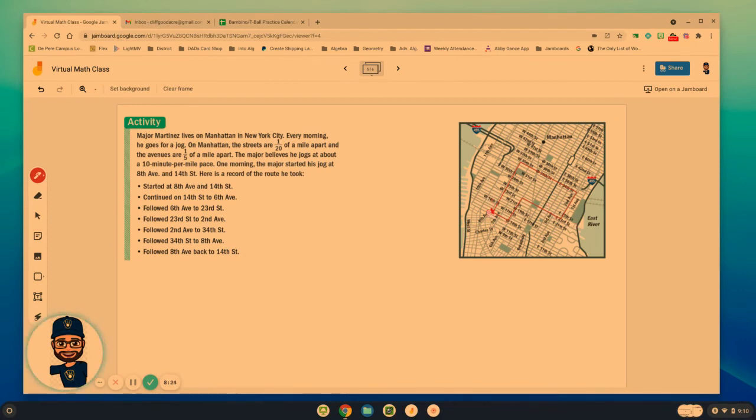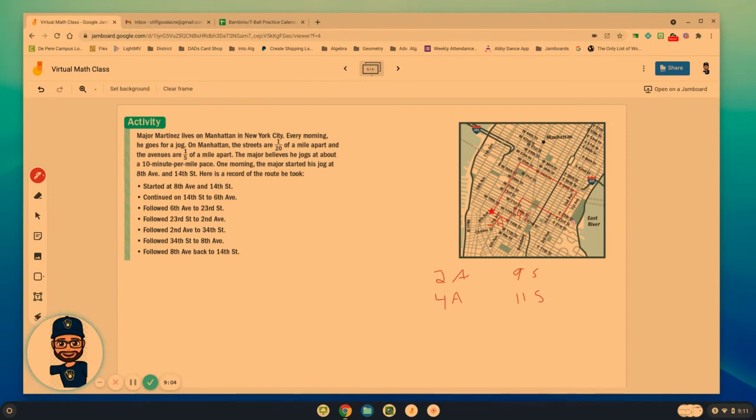Well, if he started out at 8th and he ended up turning on 6th Avenue, he went 2 avenues. So I'm going to say 2A right here, 2 avenues. And then from 14th Street, he went to 23rd. 14 to 23rd, that's 9 streets. So he went 2 avenues, and then he went 9 streets. And then he went from 6th Avenue to 2nd Avenue, so 4 more avenues. And then he went from 23rd to 34th, so 11 more streets.